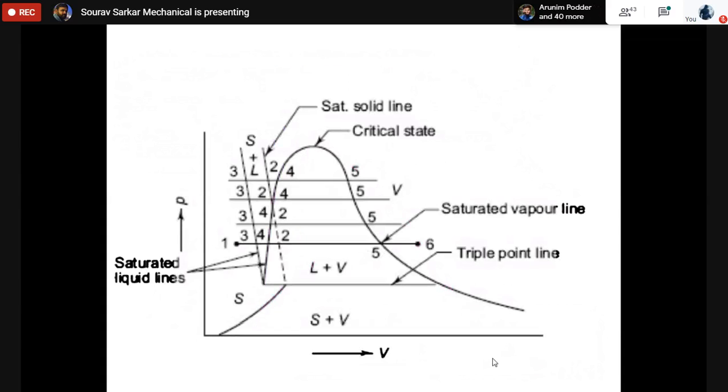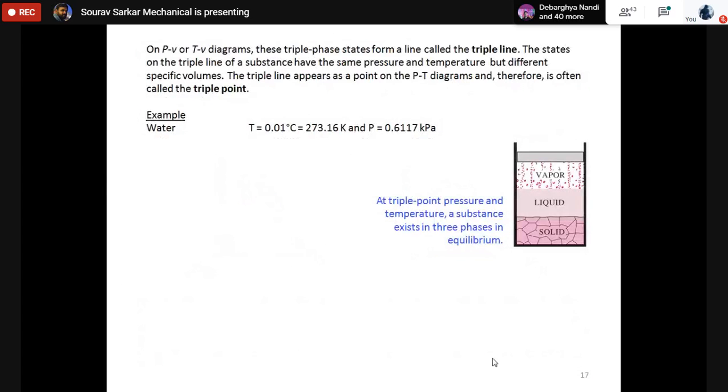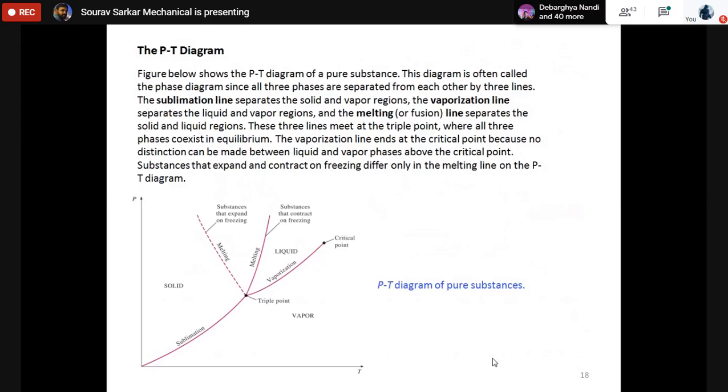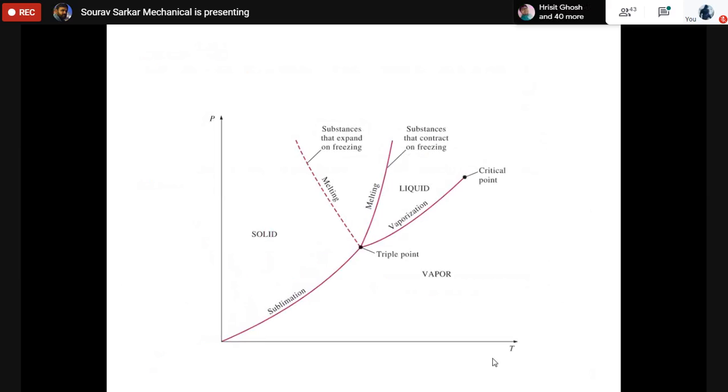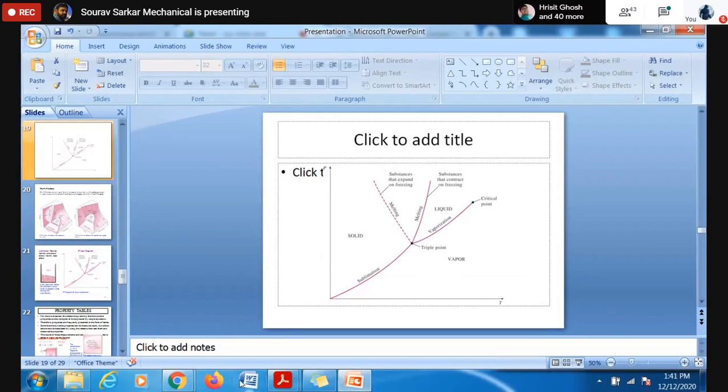Then I discussed a substance that contracts on melting. After that I discussed the triple point or triple line. This is the PT diagram, anomalous behavior in the PT diagram, and this much. So any doubt up to this much?